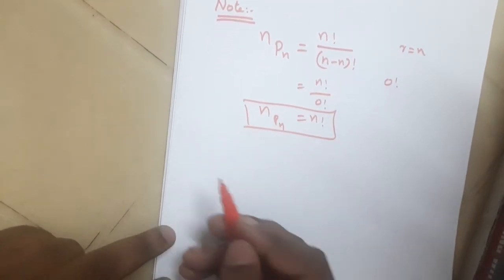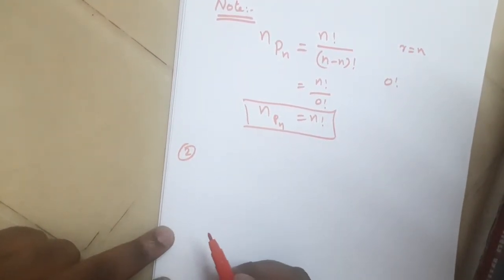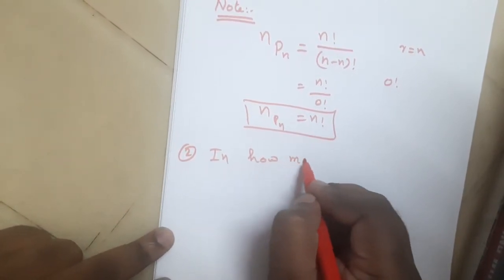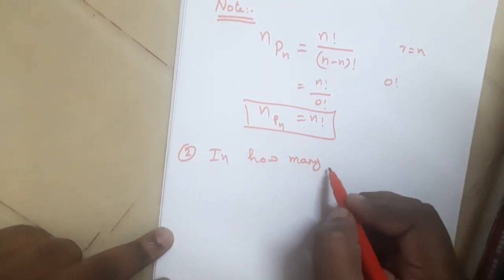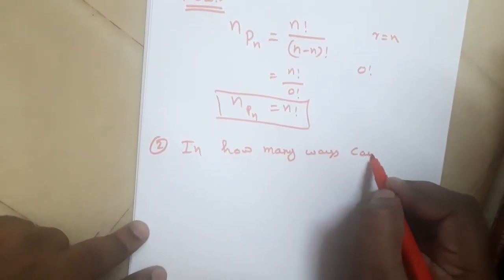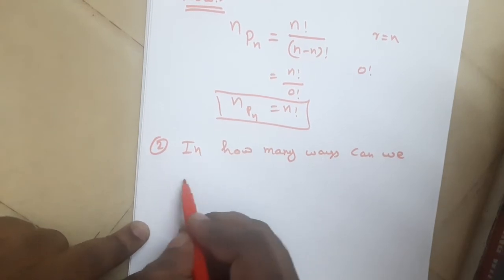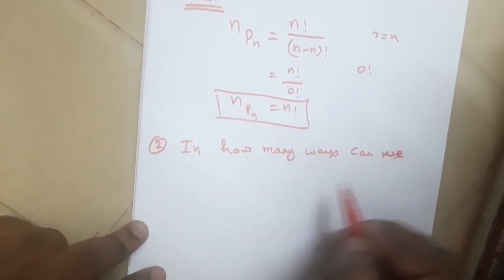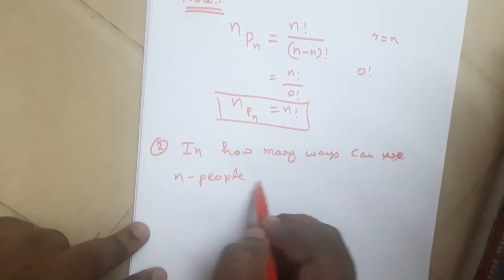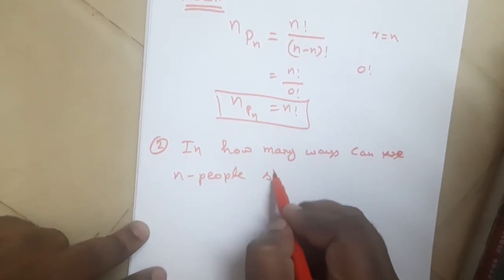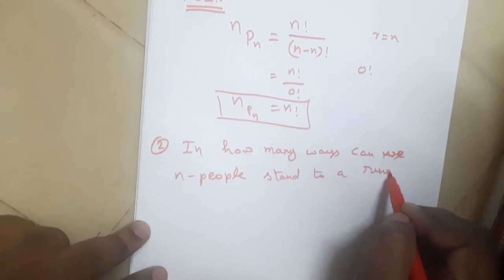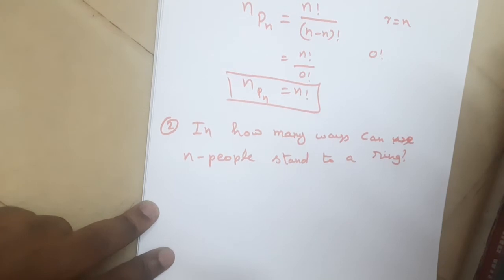Next formula. In how many ways can n people stand to form a ring?